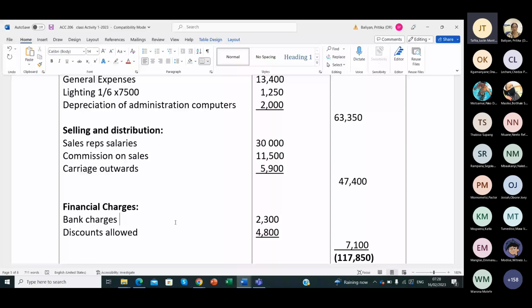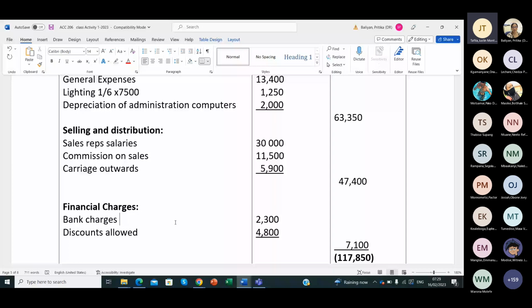If you see the question in the trial balance downside, you also see the bank 16,800. Here, the bank which is showing this amount is not the financial charges or expense through the bank. This is the amount as an asset deposited in the bank.